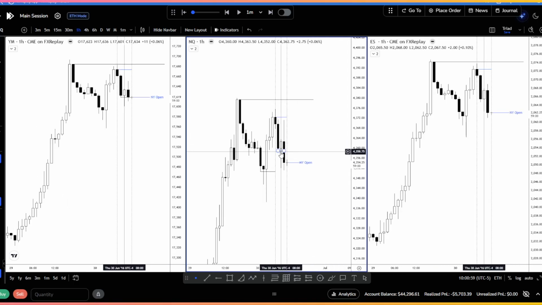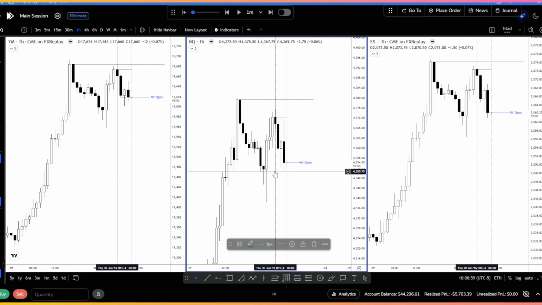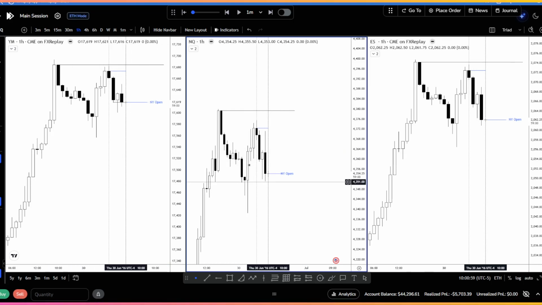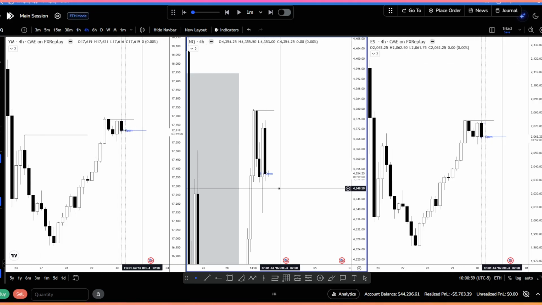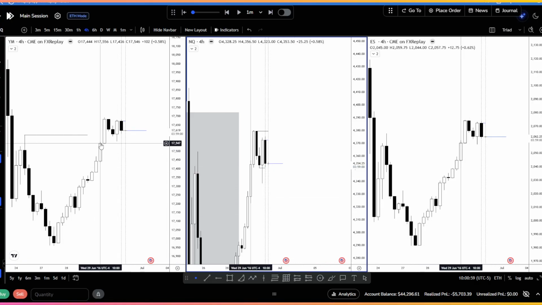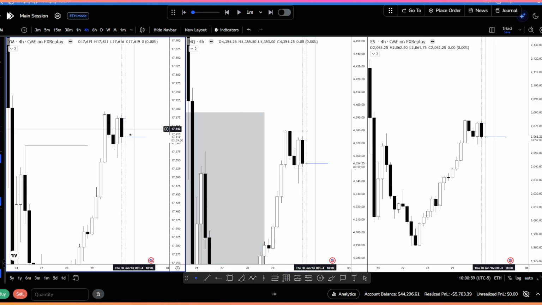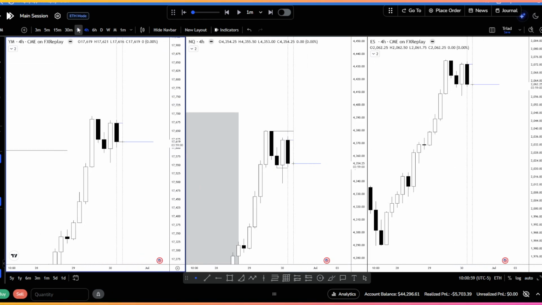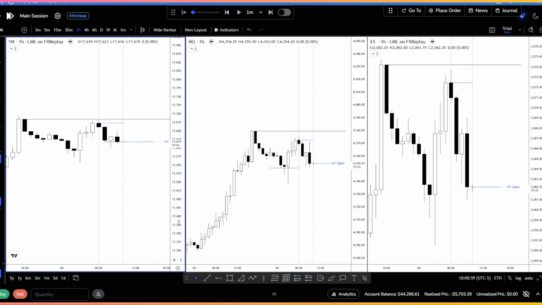All this C2 and whatnot, everything is being disrespected here. Now let's see if 10 a.m. respects this low, particular low of the day, which is a decent manipulation to go higher towards the high of the day.